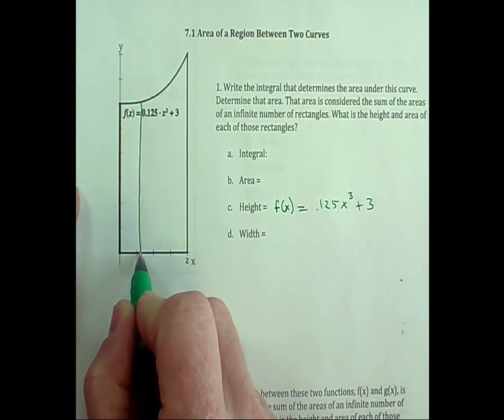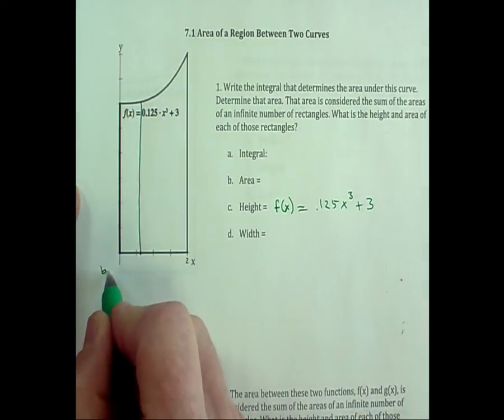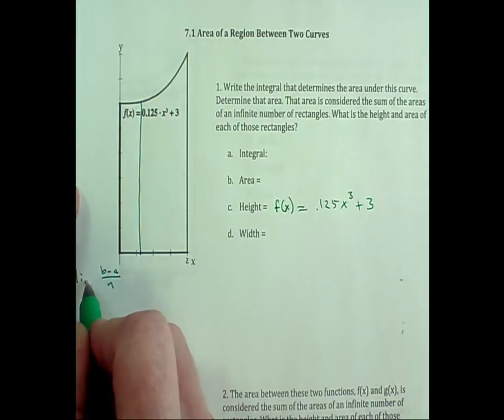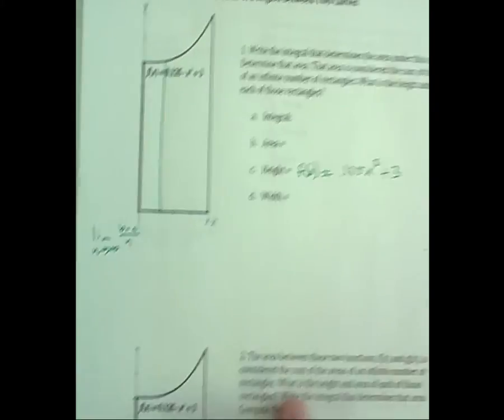I wonder if I can make it skinnier. Yeah, what's the width? Okay, it is b minus a over n as n goes to infinity. What did we call that?